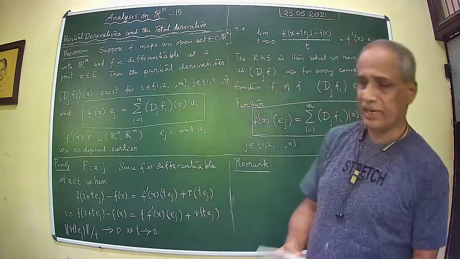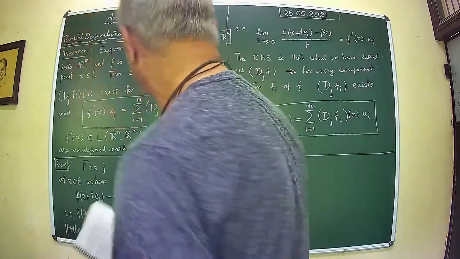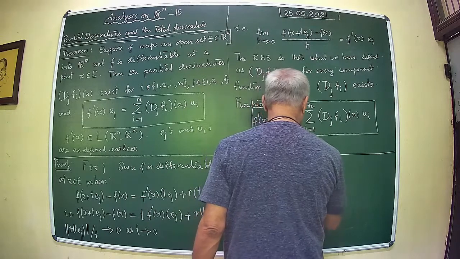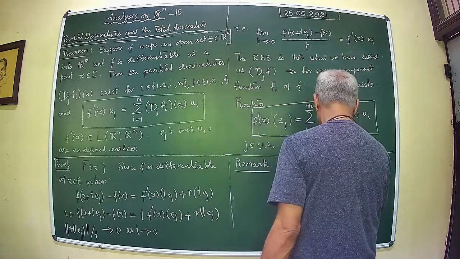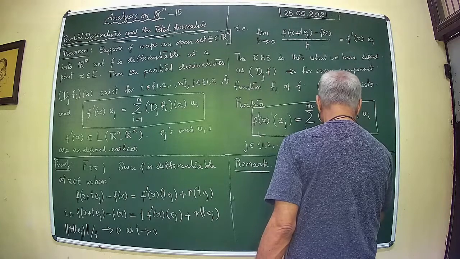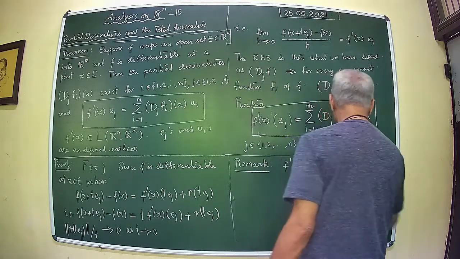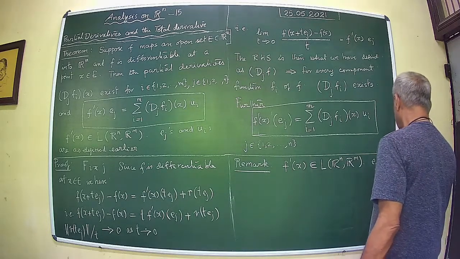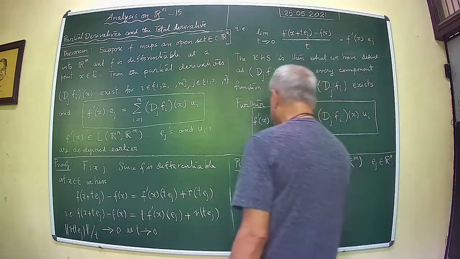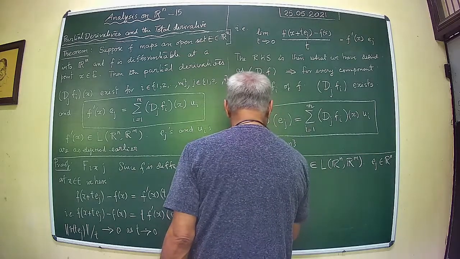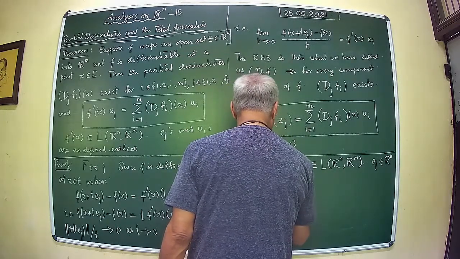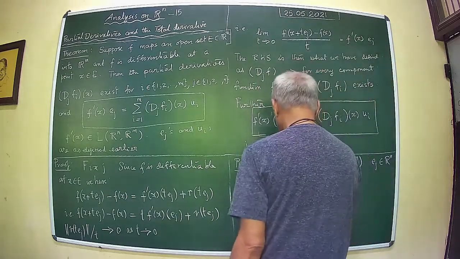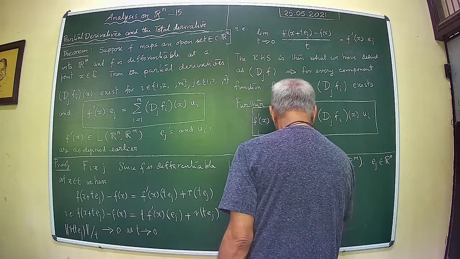See, f derivative of x and e_j belongs to R^n. Therefore, f derivative of x acting over e_j belongs to R^m.